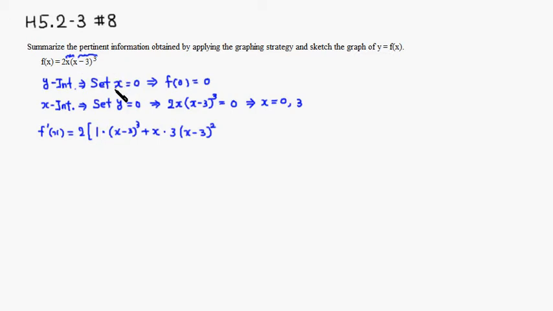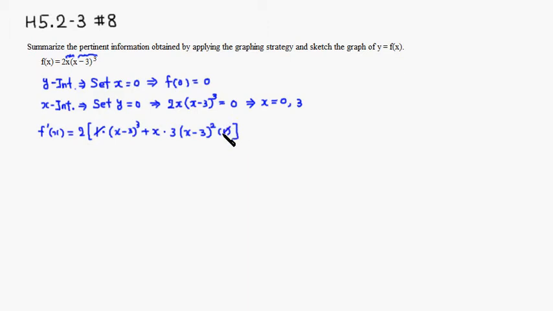Then multiply by the derivative inside, which happens to be 1, so it doesn't really do anything. Multiplying by 1 doesn't do anything, so I'm just going to scratch it out.